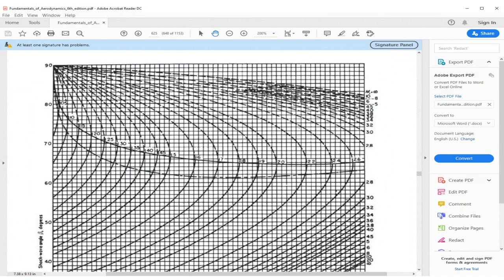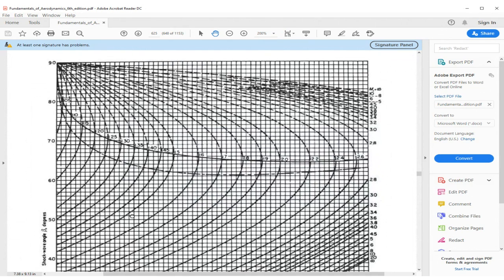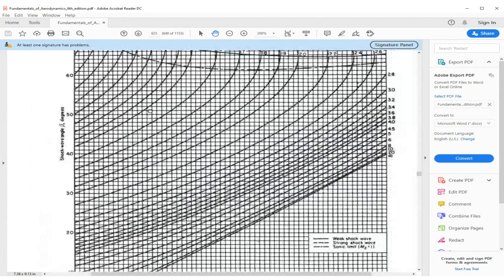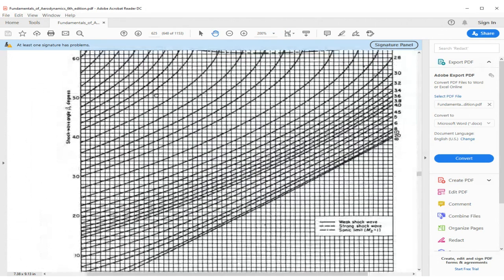Nature naturally selects, in air quotes, what kind of shock is needed to turn the flow, and in the vast majority of the cases that we are interested in, the weak shock case is selected. So we'll stay with these bottom solid lines. All right.